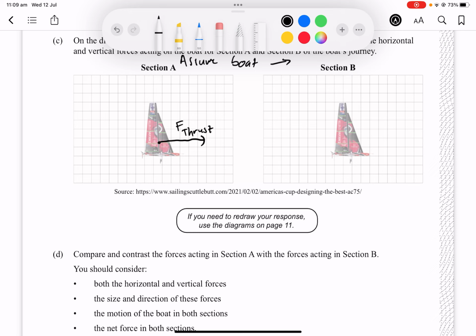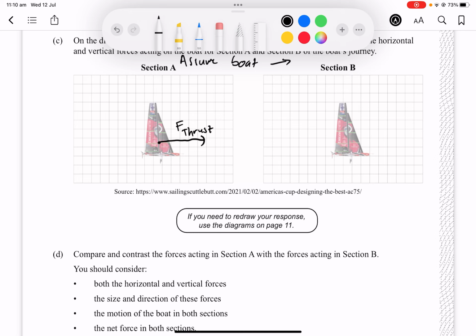And obviously, since the boat is traveling in water, there's going to be some sort of drag force or friction force due to the water, acting in the opposite direction of the thrust. But we know that the boat is accelerating in the direction it's traveling in, so the thrusting force is going to be greater than the drag force in this case.